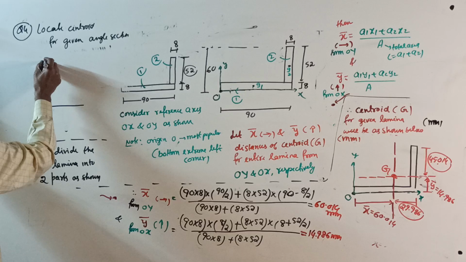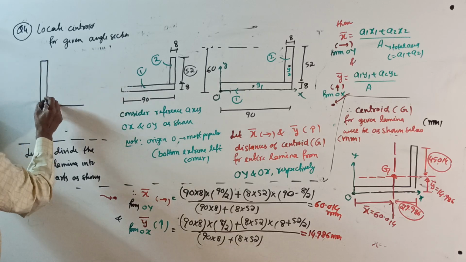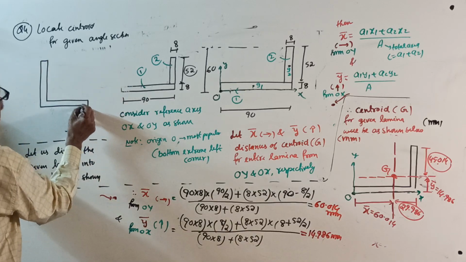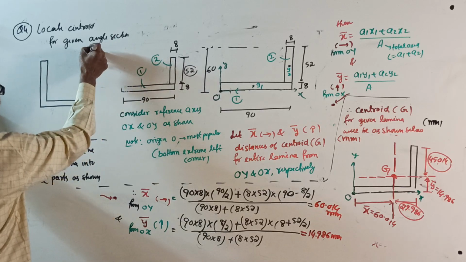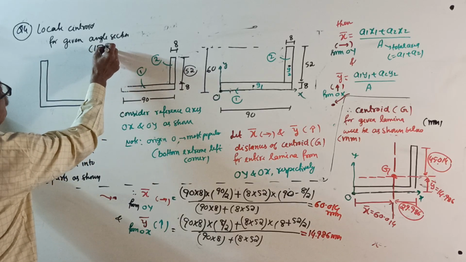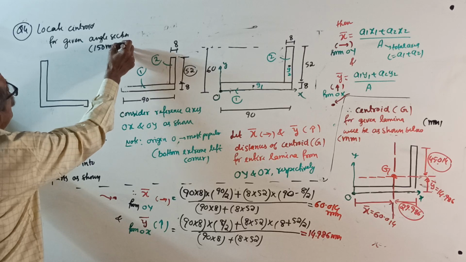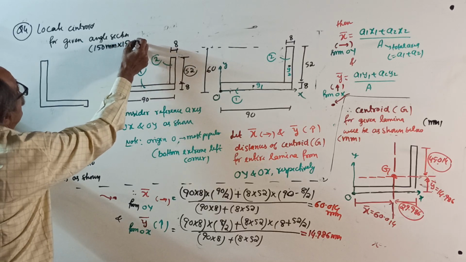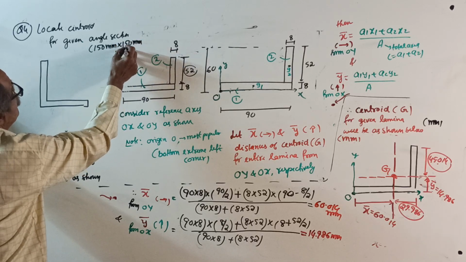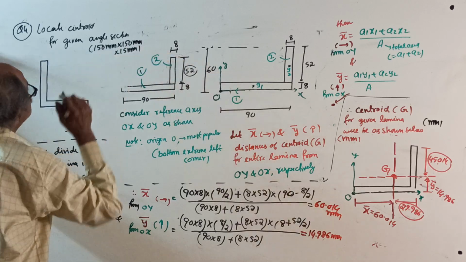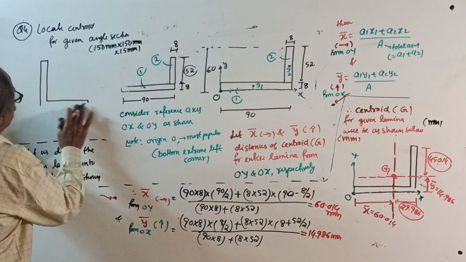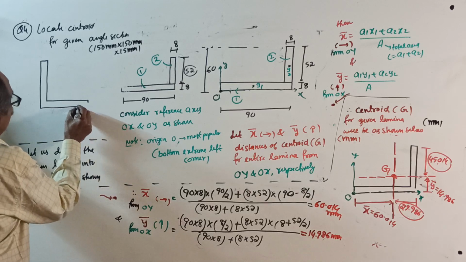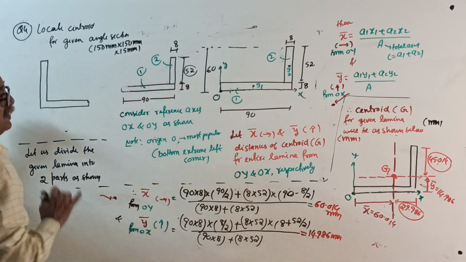See, angle section given. Now see, they told angle section, in the bracket 150 mm by 150 mm by 15 mm in the question given. That means this is called an equal angle.